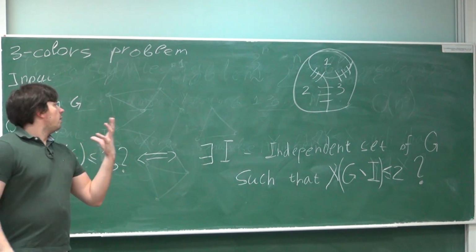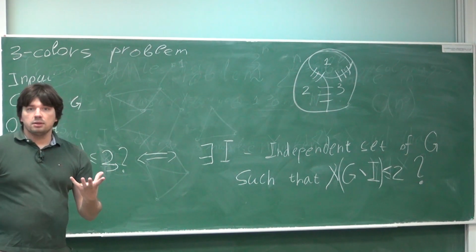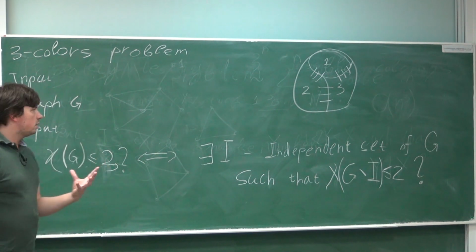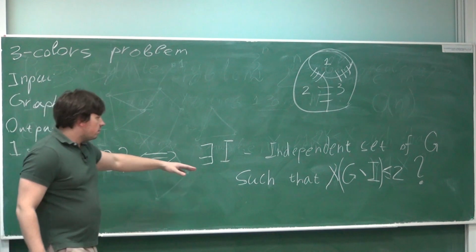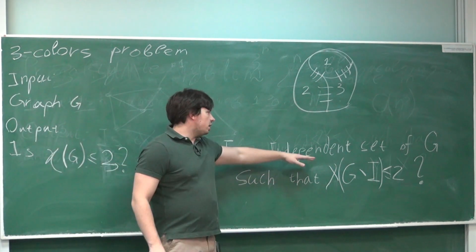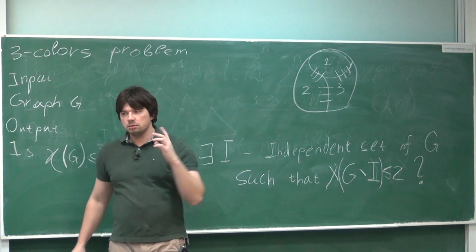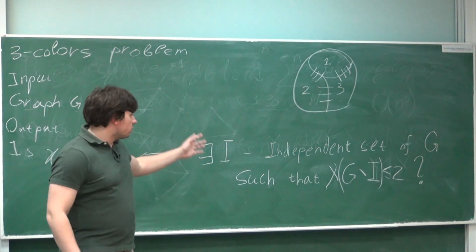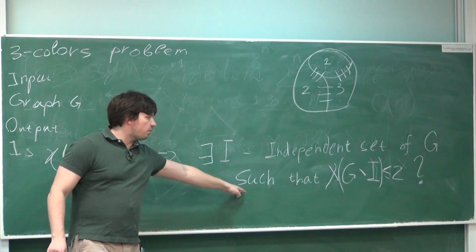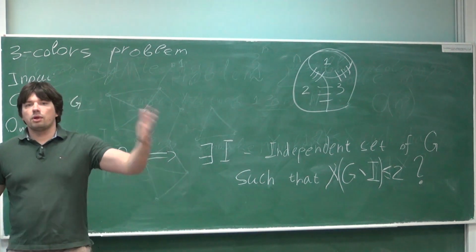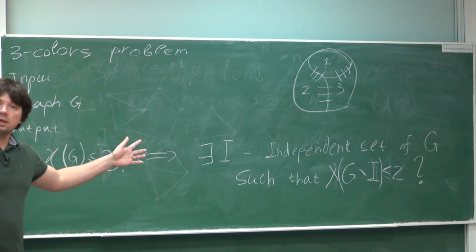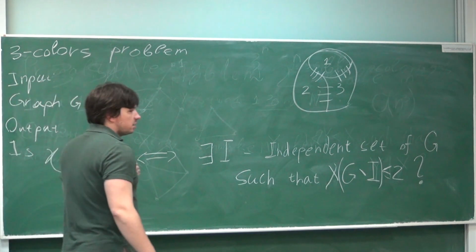There are 2 to the n possible subsets of nodes. And for each of them, it's really easy to check if it's indeed an independent set. And if it is, then we also can ask the second question: is the rest of the graph 2 colorable? Which we know we can answer in linear time.